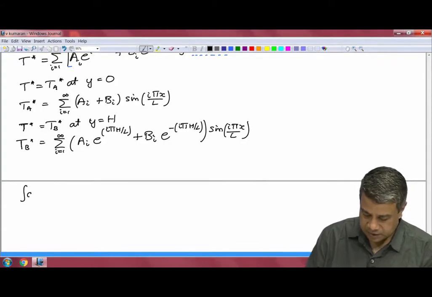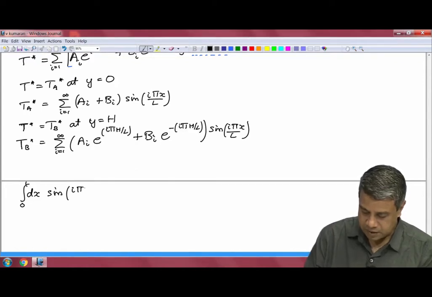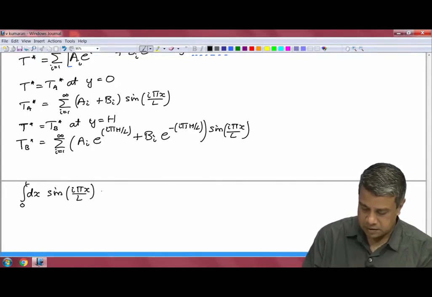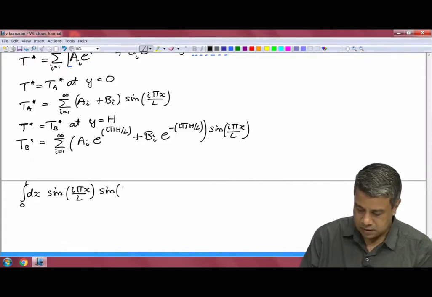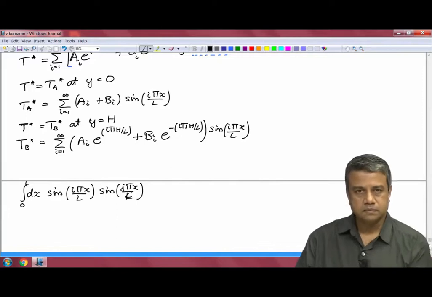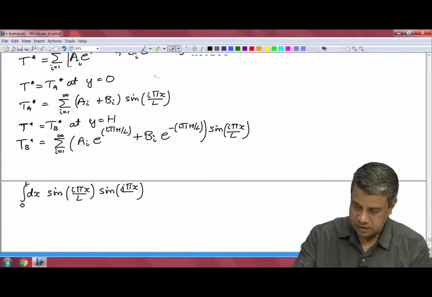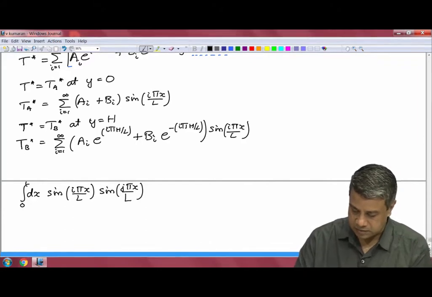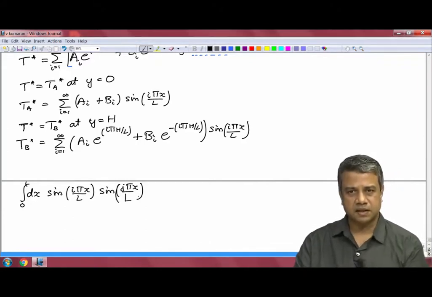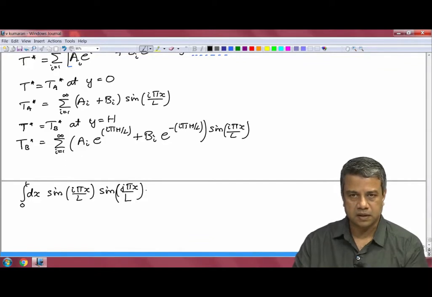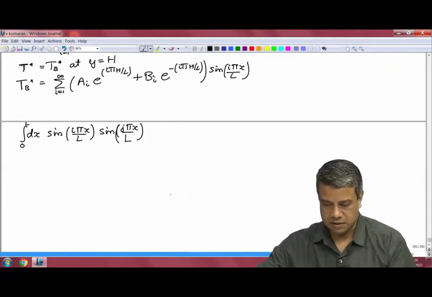Integral dx from 0 to L of sine i pi x by L sine j pi x by L. When we had derived it earlier, we had scaled the x and y directions. In this case, I am not scaling it, I am just using the dimensional distances itself.